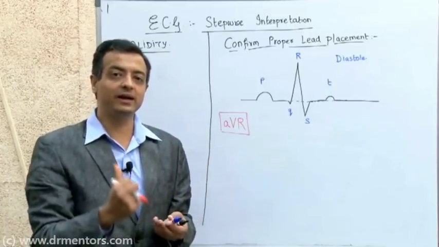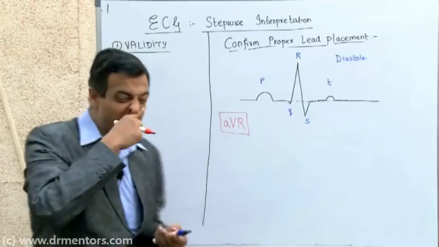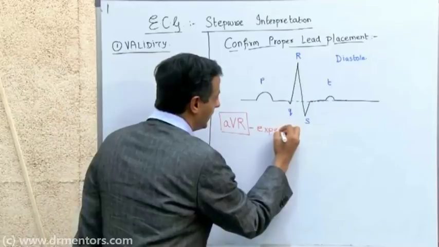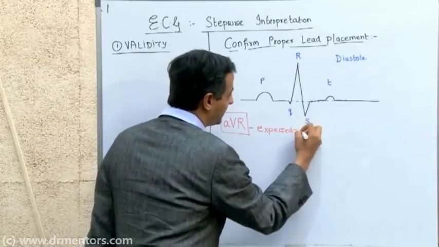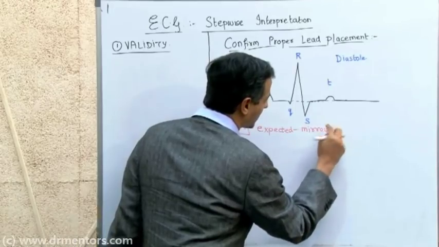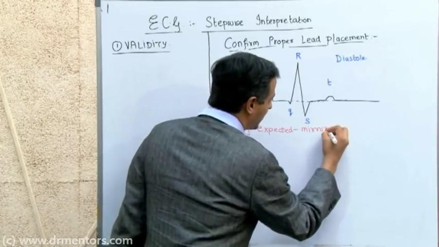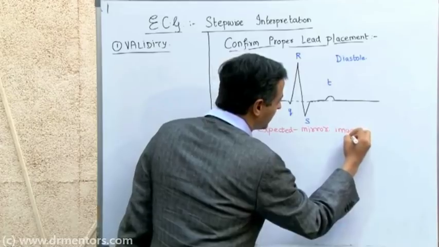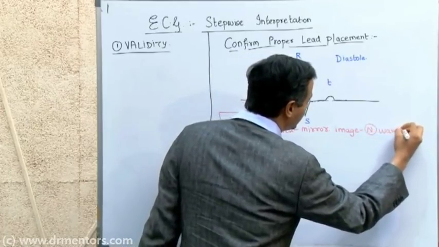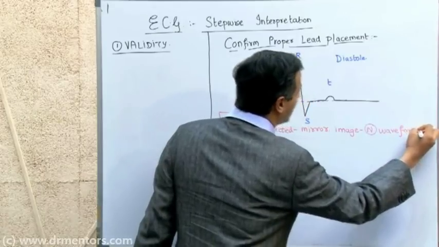This lead vector is towards the right. So you are expecting the mirror image of the normal waveform. This is what is expected in the AVR.